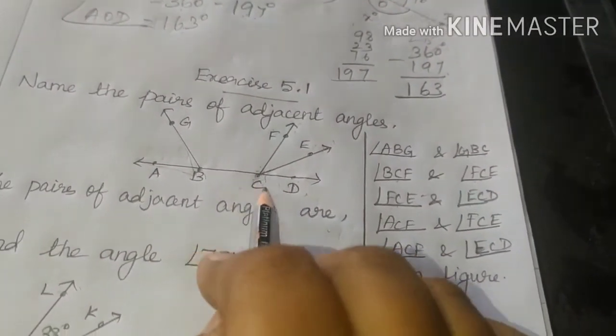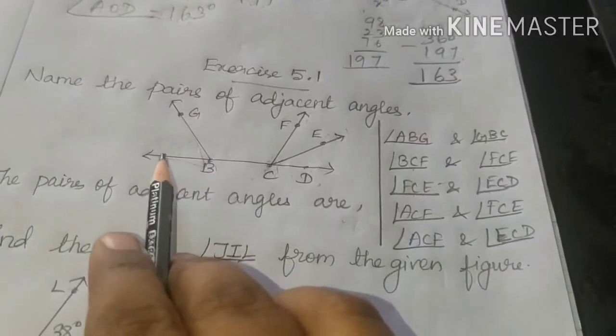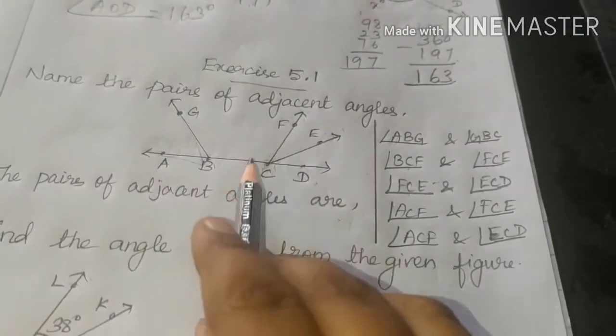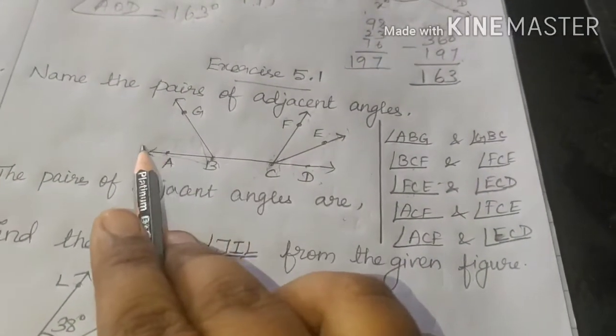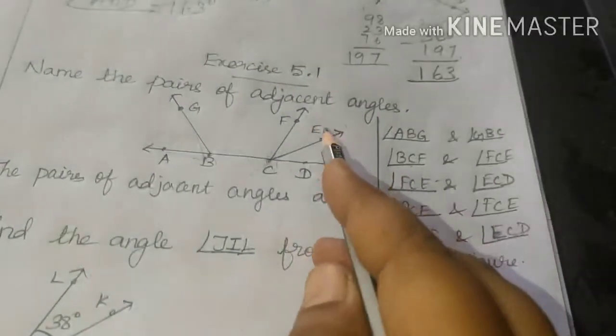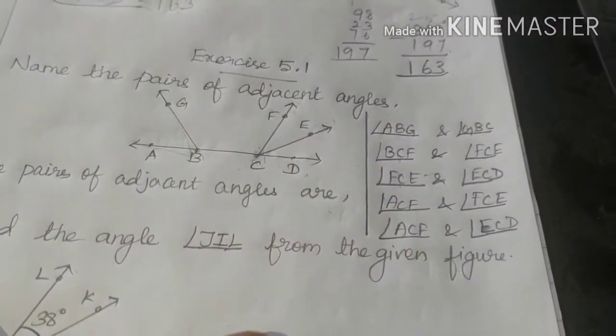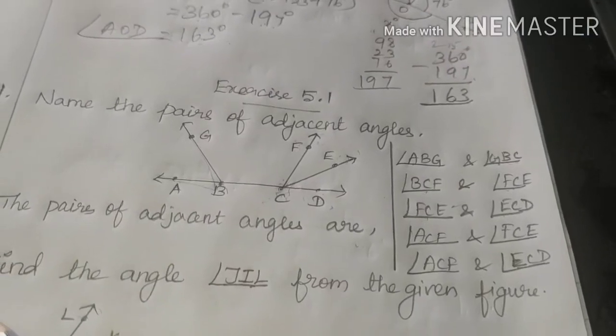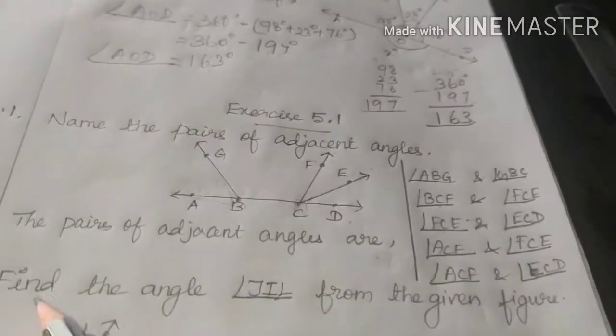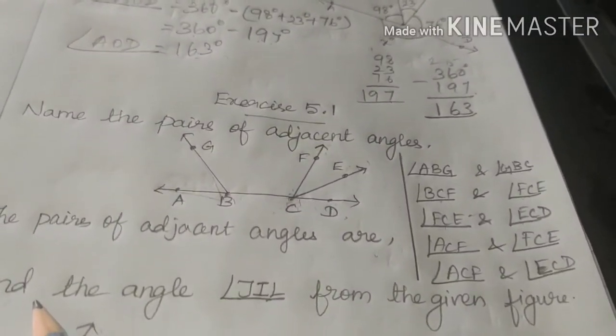For this also C is the common. So again ACF, again FCE, and then ACF, and then ECD. Are you clear, children? This is the adjacent angle.